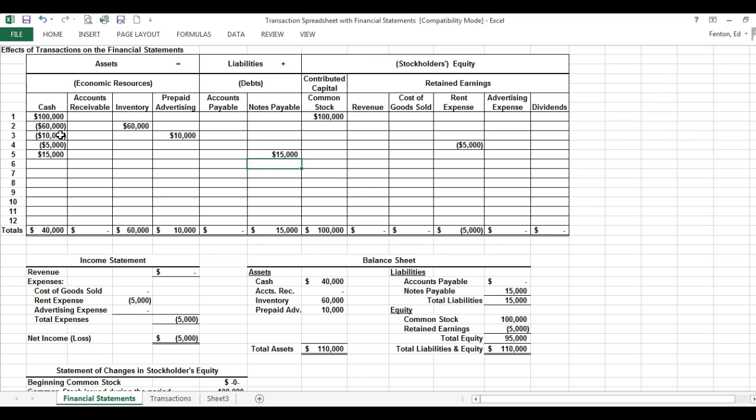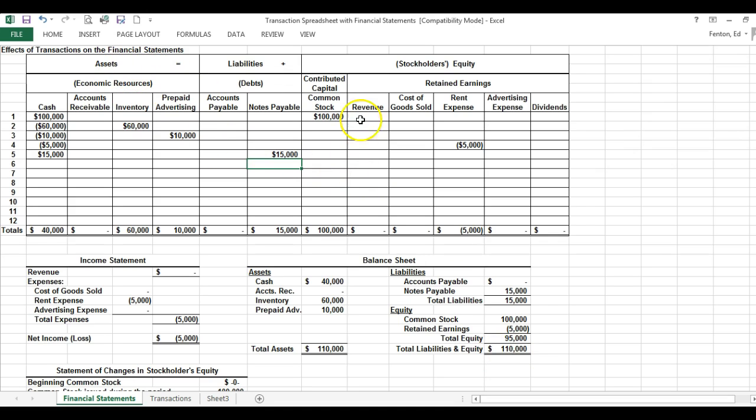So $15,000. The balance sheet still balances. Income statement was not affected. We now have $15,000 in liabilities. Total liabilities and equity $110,000. Assets $110,000. So you're going to see that at all times, after every transaction, total assets must, that's just a rule of accounting, must equal total liabilities and equity.